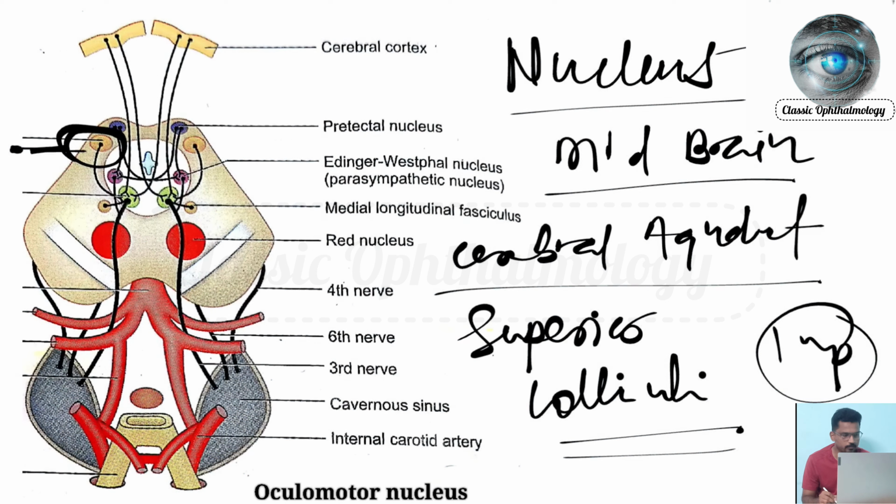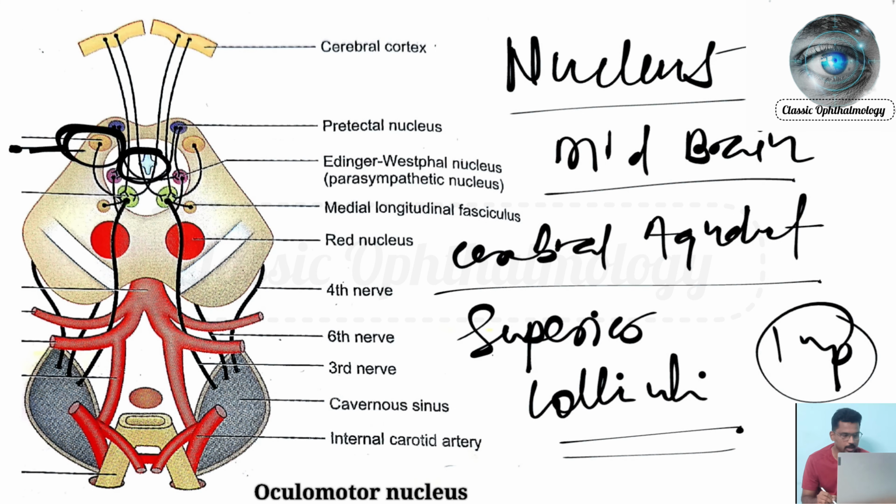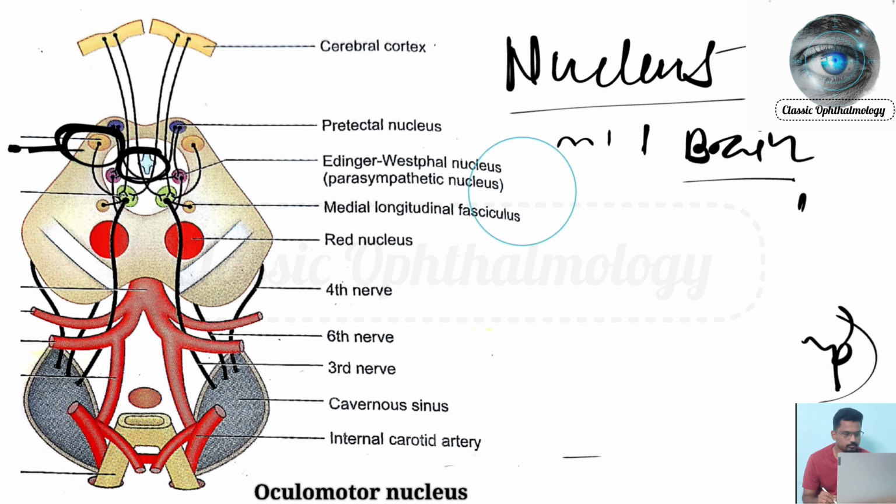Okay, so these three are important. Now this is our superior colliculus, and this is our cerebral aqueduct.